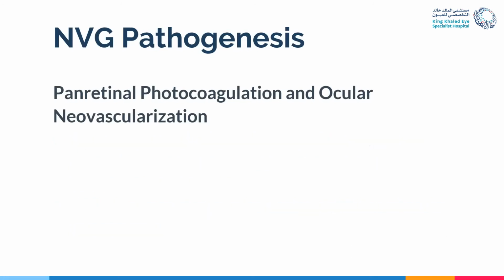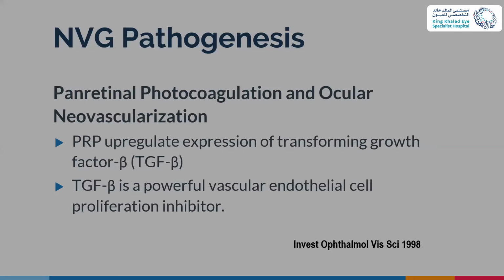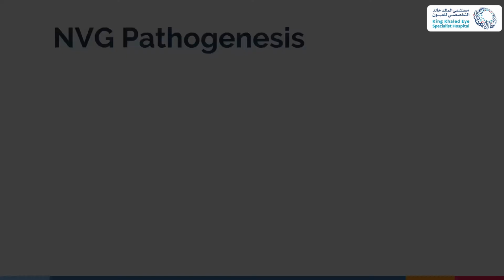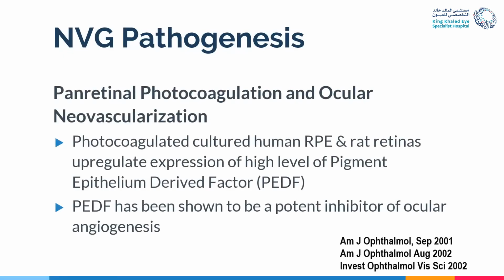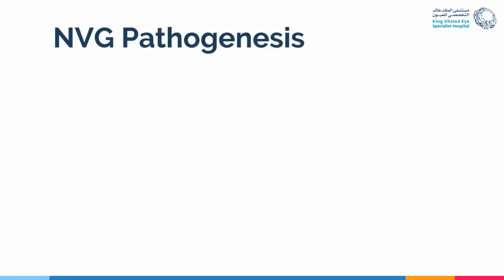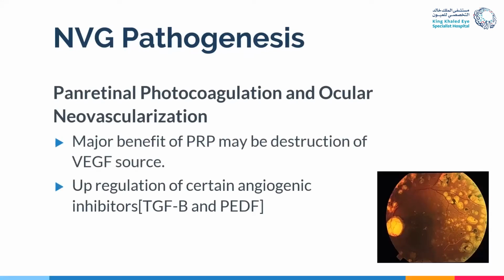These two factors were found to be strong inhibitors of VEGF. So one function of panretinal photocoagulation is upregulation of certain angiogenic inhibitors, TGF-beta and PEDF, transforming growth factor beta and pigment epithelial derived factor. These are very potent anti-VEGF factors.